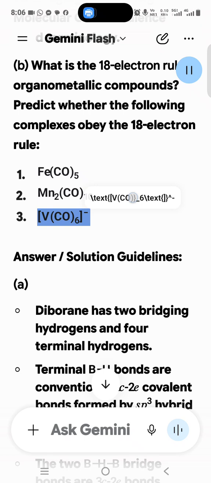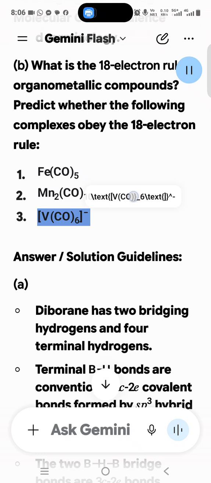Section B. Inorganic chemistry. Question 4. Coordination chemistry. A. Draw the crystal field splitting diagram for a d6 metal ion in both high-spin and low-spin octahedral complexes. Calculate the crystal field stabilization energy, CFSE, in terms of Δ_o for both cases.